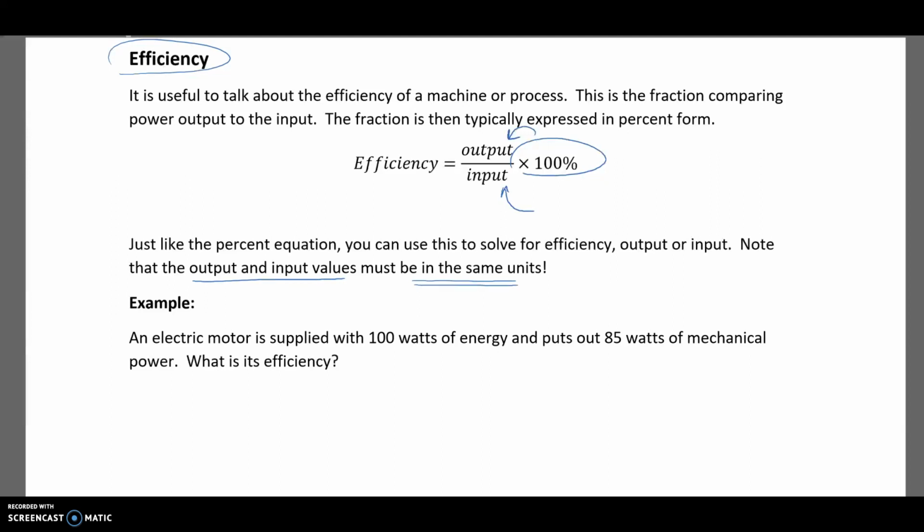In our first example, we have an electric motor supplied with 100 watts of energy, and it puts out 85 watts of mechanical power. So the input is 100 watts, and the output is 85 watts. Both of those are already in the same units, so we can go ahead and calculate the efficiency.